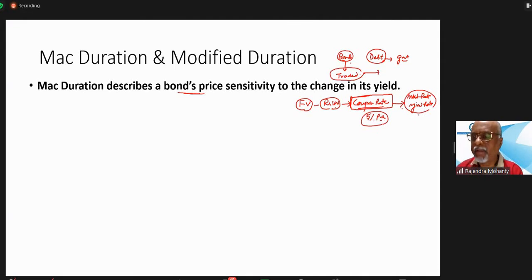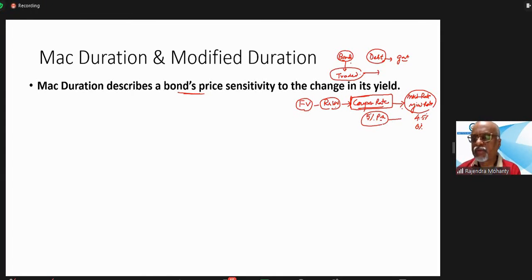It may be 4.5% or maybe 6%, or equal to 5% also; all are possible. The market rate and yield rate will change according to the demand and supply of the bond, how people are reacting, how people are buying or selling it.